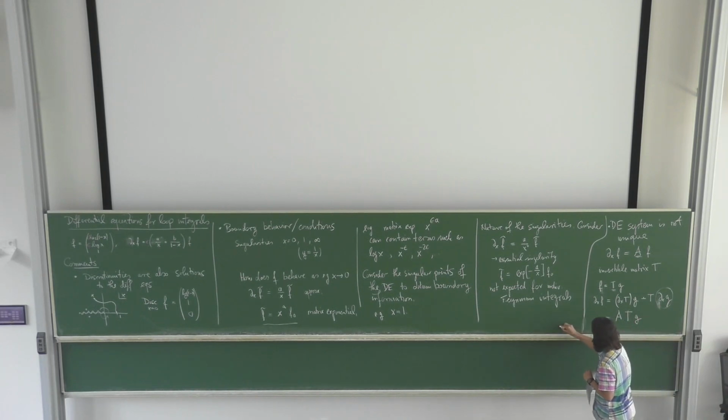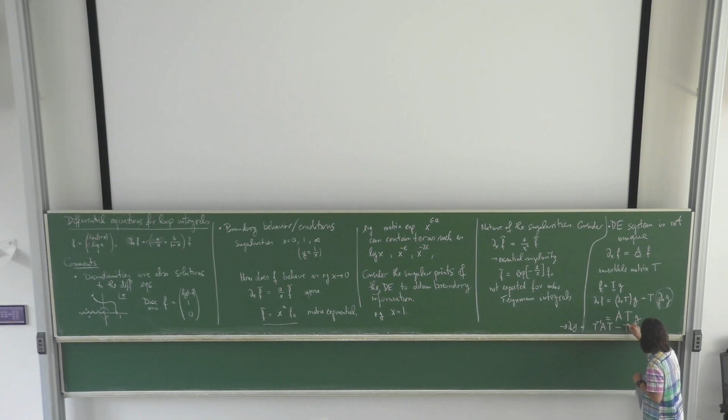I just write this here. dxG is equal to T inverse A T minus T inverse dx T, and the whole thing multiplies G. Sorry that that's kind of squeezed a bit at the bottom.